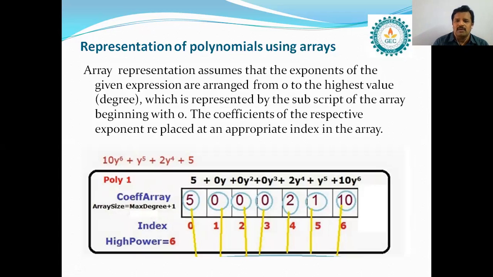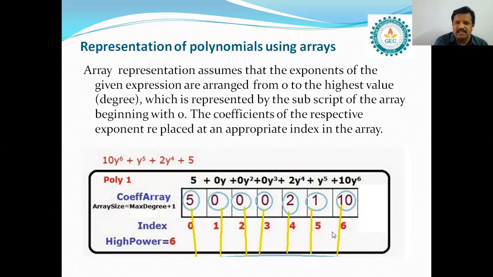First we have to create an array. With what size can the array be created? The array size can be taken as maximum degree plus 1. Here, what is the maximum degree in this expression? 6 is the maximum degree. So maximum degree plus 1, that is 6 plus 1, equal to 7, we can consider as the array size. So the array size can be taken as 7, whose index values start from 0 to n minus 1, that is 0 to 7 minus 1, that is 6.